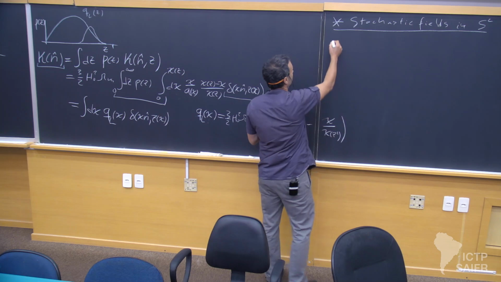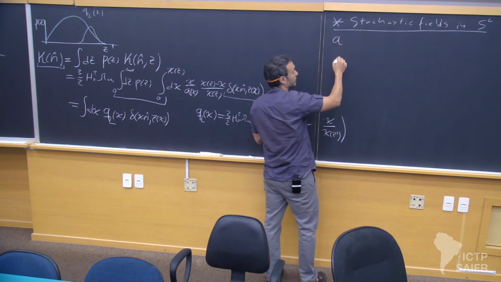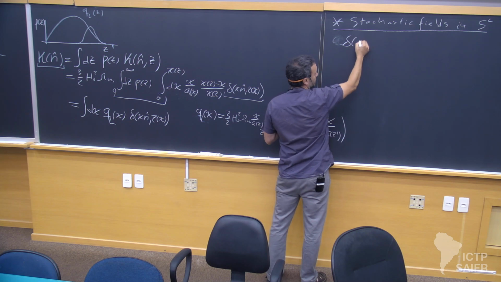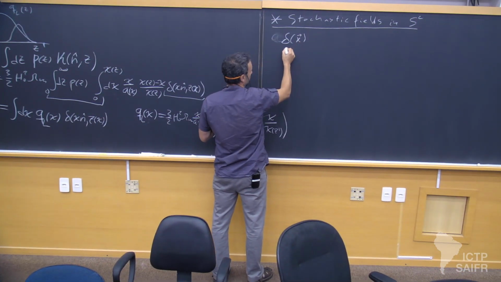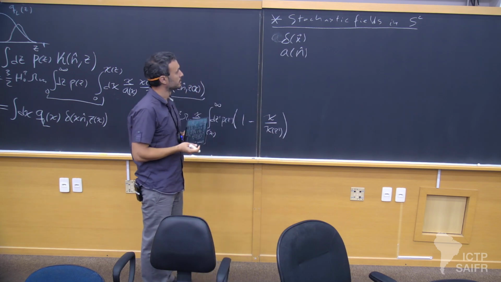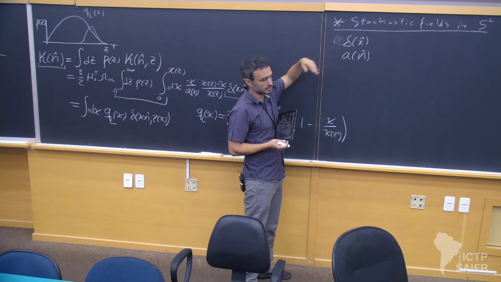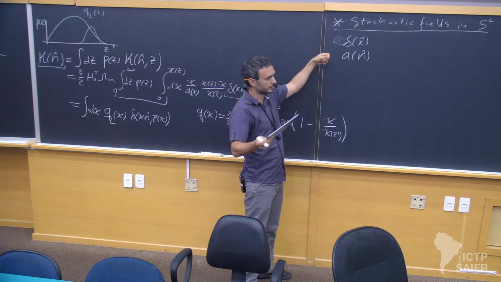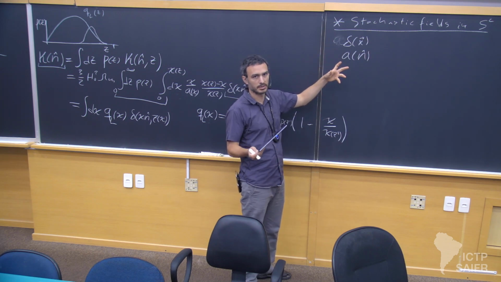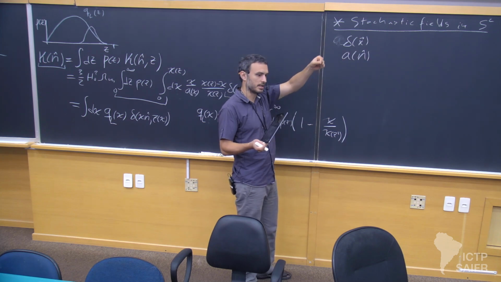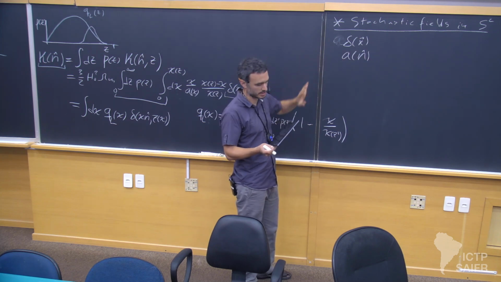But the idea now is the same treatment that we had for fields defined in 3 dimensions. Now we need to think about fields defined on the sphere. So, we talked about stochastic fields in 3D, just thinking of them as vectors of multiple random variables characterized by a given multivariate distribution of them. This is exactly the same idea, except these points are now the points within a sphere, so nothing changes in that picture.